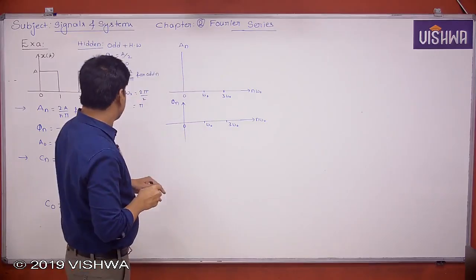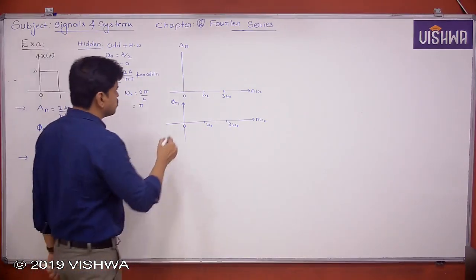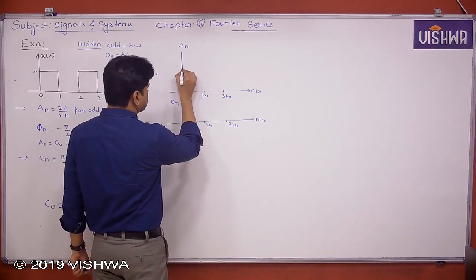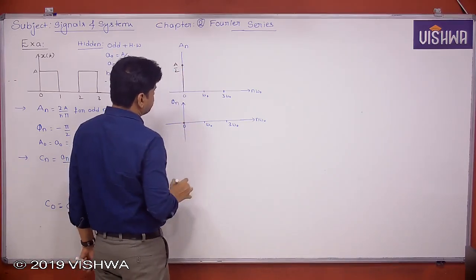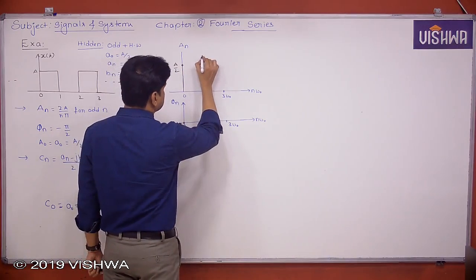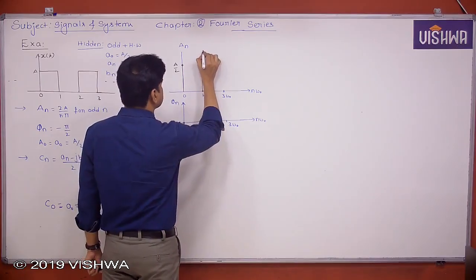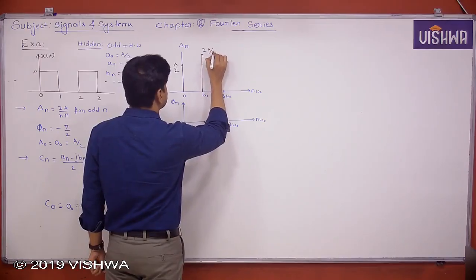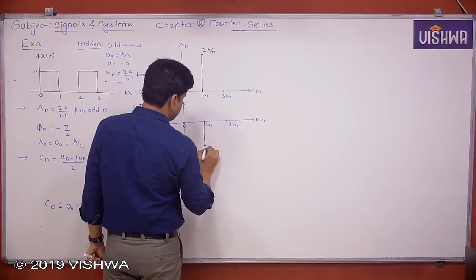Now let's see. At 0, we are having A by 2 and phase angle 0. At omega naught, 2A by pi, and the phase is minus pi by 2.